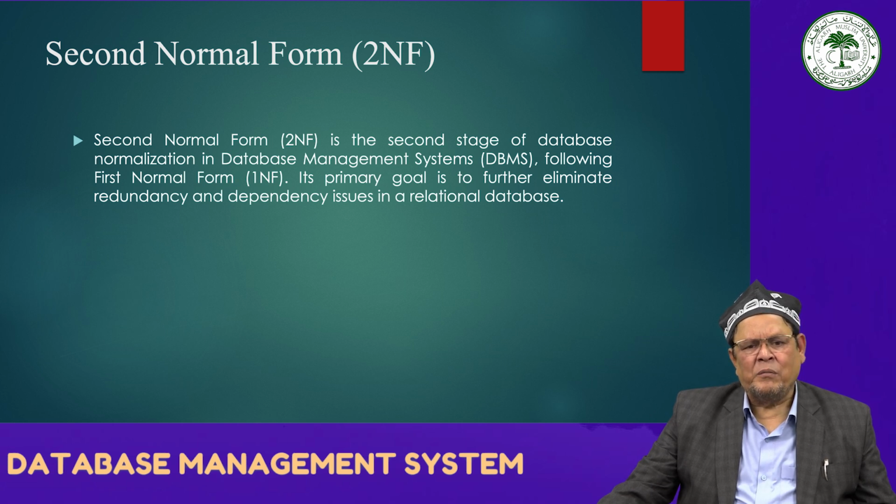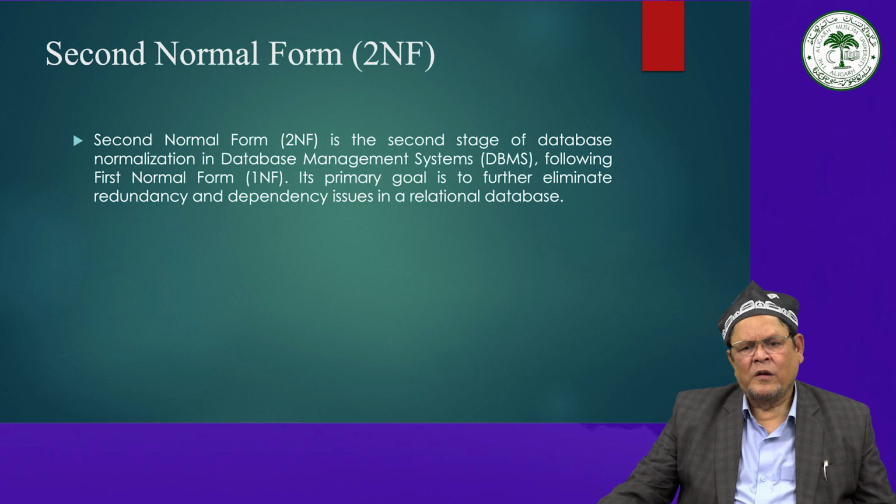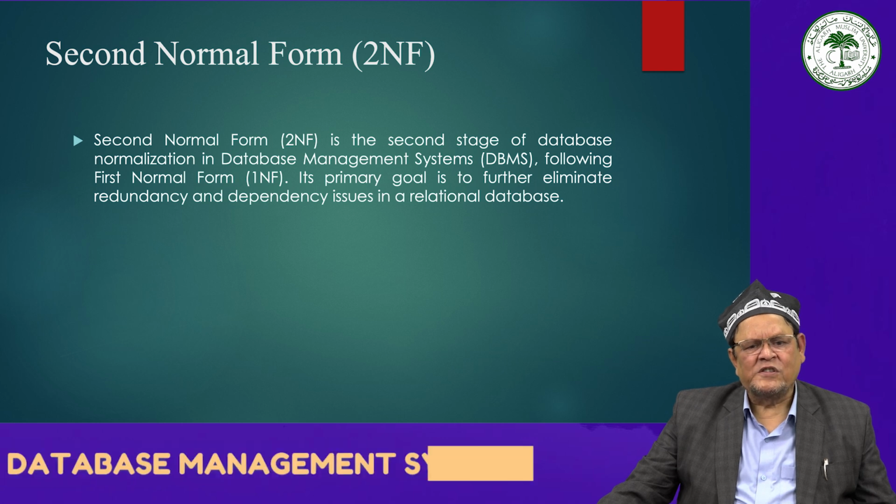If any non-prime attribute is dependent on only a portion of the primary key, it indicates a partial dependency and violates 2NF. To address partial dependencies and achieve 2NF, the table may need to be decomposed into multiple tables, with each table representing a separate entity or relationship.